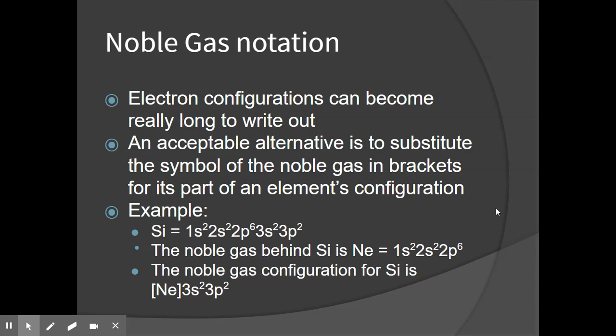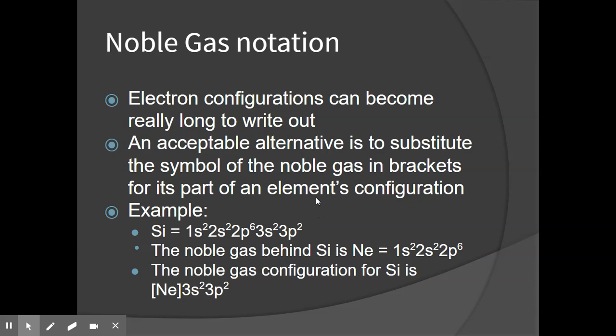And you can tell because noble gases always end with the designation 2p6. So what you do is you take the whole part of the configuration that includes that 2p6 designation and substitute the symbol of the noble gas that represents in brackets, and then you just write the rest of it.